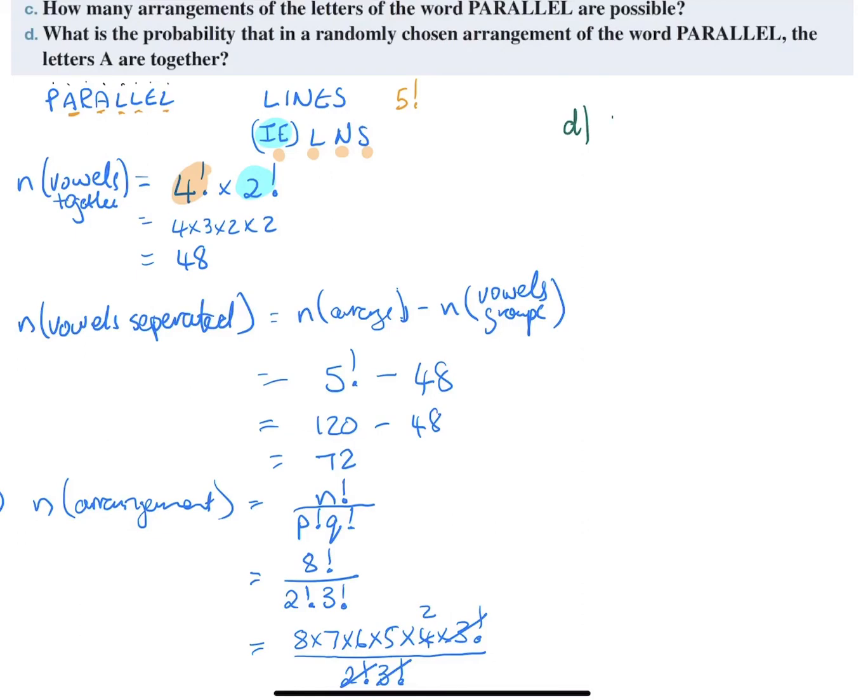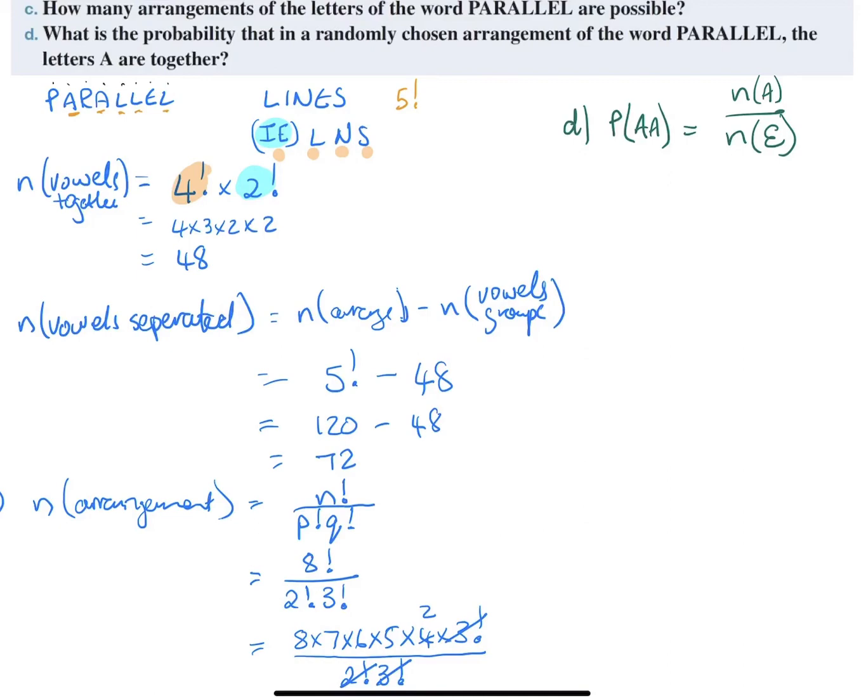Now, we need the probability that we have the A's together. The probability of having A's together is the number of arrangements where the A's are together divided by the number of arrangements, or my sample space.